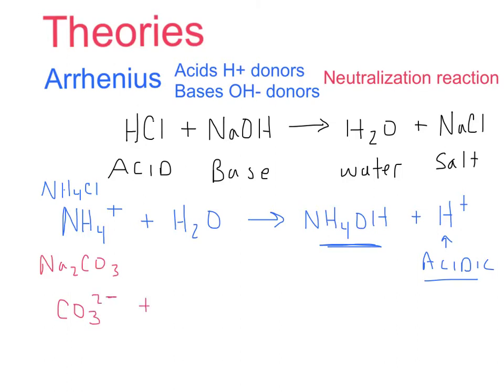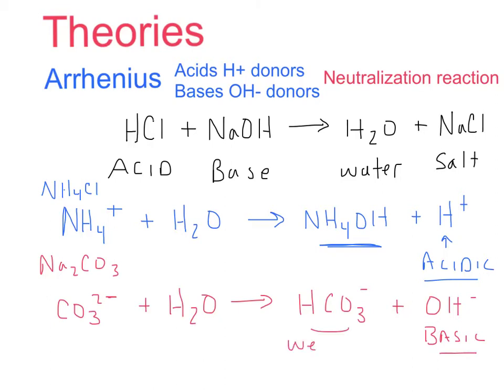Now, that's going to react with water, and remember I only move one hydrogen at a time because this is going to be a Bronsted-Lowry reaction. Therefore, I get HCO3 with a minus, plus what else is left over? The OH minus. So here I end up with a basic salt because this is a weak acid and it won't separate. I hope that helps you understand that when we have a salt, we could have an acidic salt and we could have a basic salt, but you got to combine them with water and see what it will make.